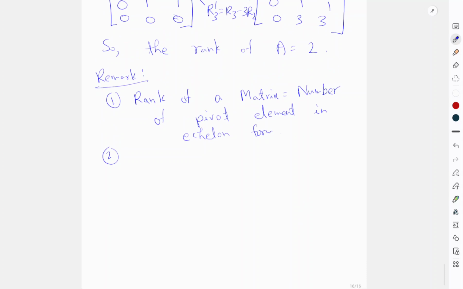So basically, the rank is the largest order non-zero minor. Okay, so largest order.